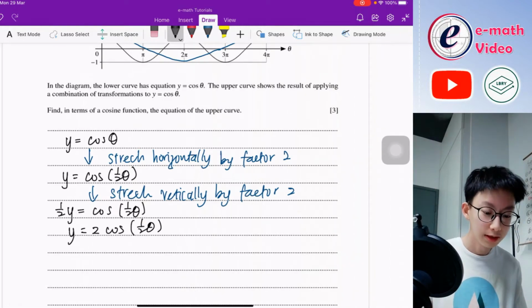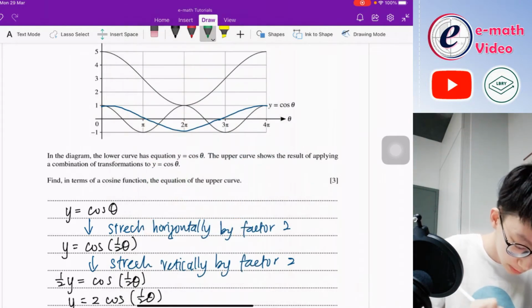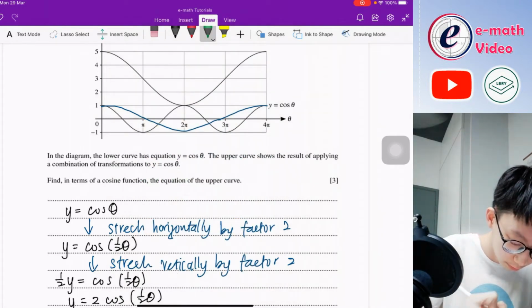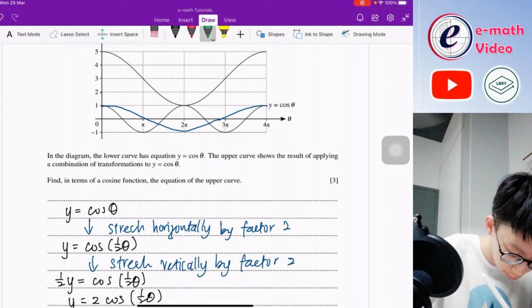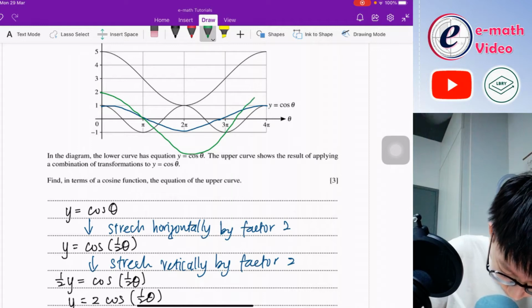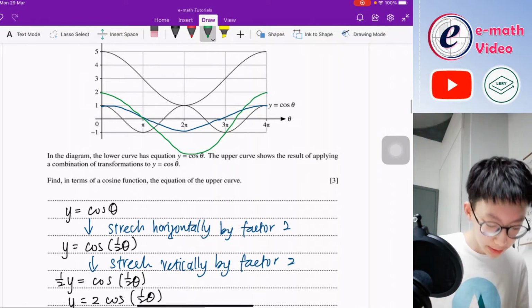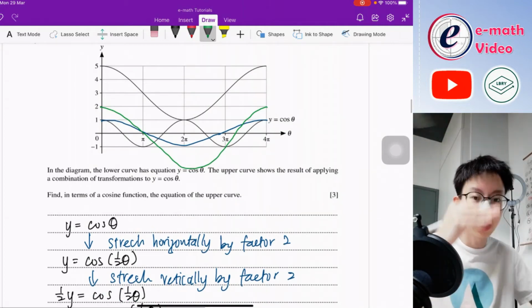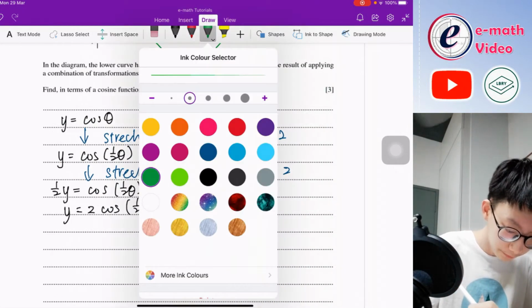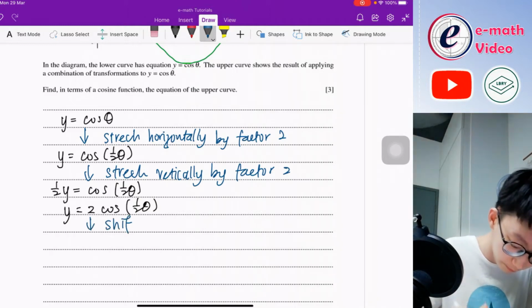Okay, so now the graph will look like, maybe I use green color. I think it will start from 2 here, then to -2, something like this. Yep, it becomes taller. And last step, just shift it up. Shift how many units up?